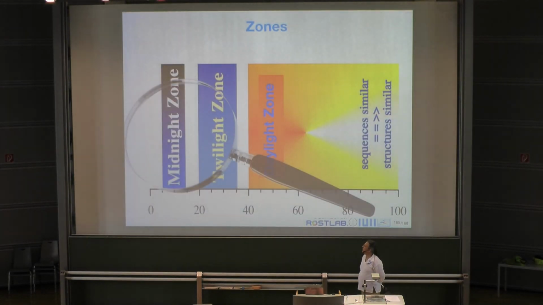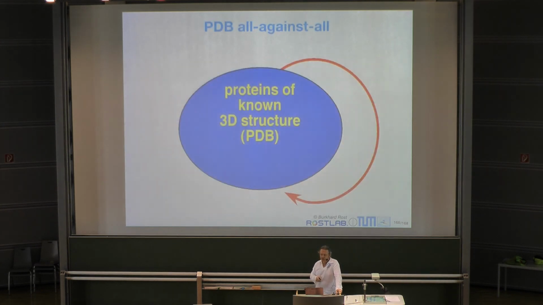And let's just now go into the midnight zone from the perspective of 3D structures. So I talked about the midnight zone. In the midnight zone I said I can no longer do the sequence alignment. Is there anything else in that region that I want to find? How can I find out? Well, I take all the proteins for which I know the 3-dimensional structure and essentially superpose all of those in 3D.